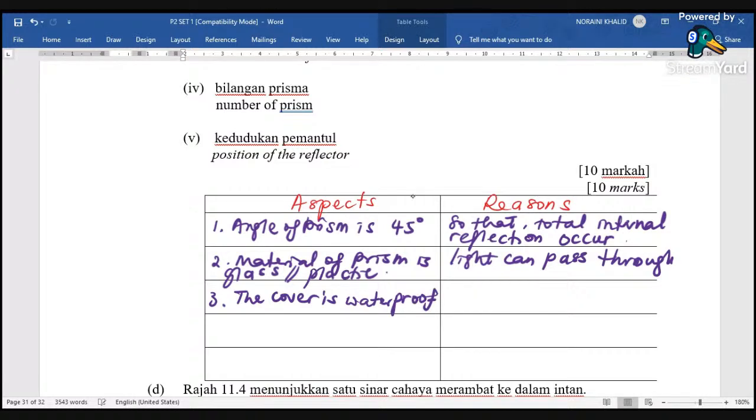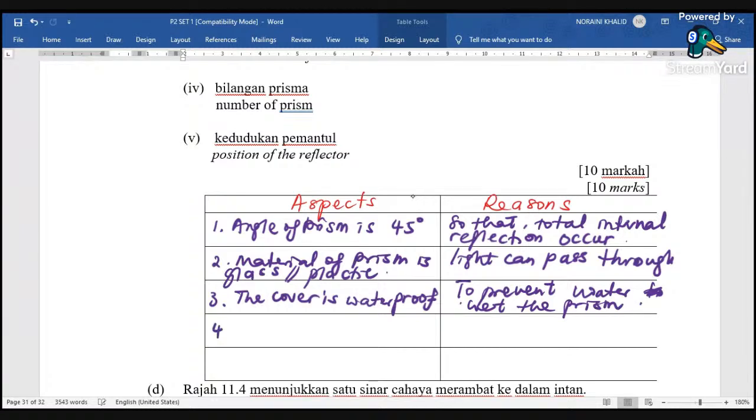Okay, during rainy days, the cover must be waterproof to prevent water, if not, the water will wet the prism and cause another process of refraction.